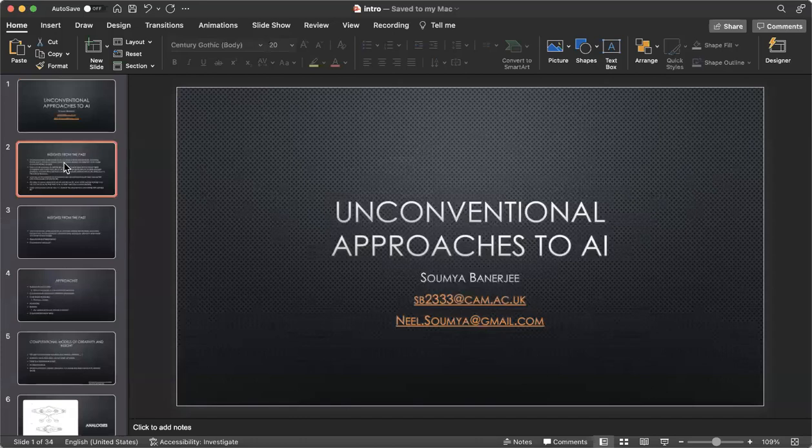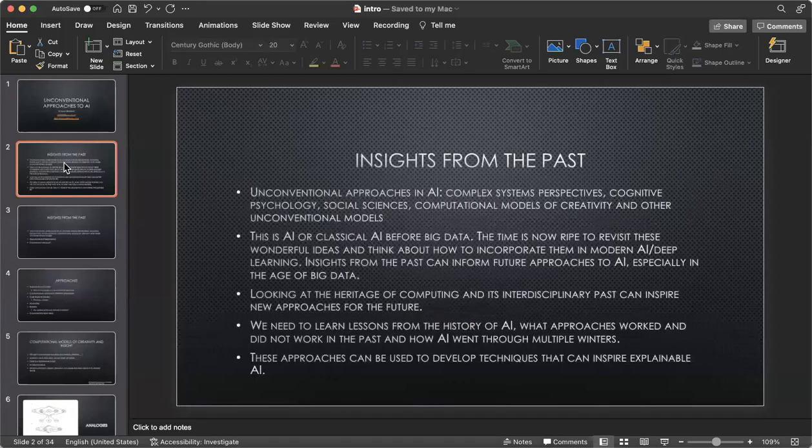So really, we are going to be looking at different perspectives from complex systems or cognitive psychology, social sciences. We'll look at computational models of creativity and other unconventional models. And as I was saying, this is AI or classical AI before big data.